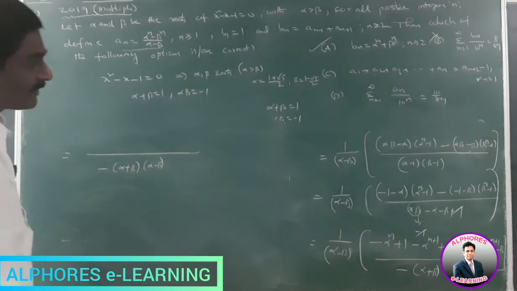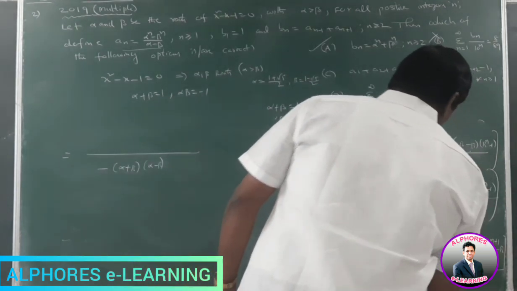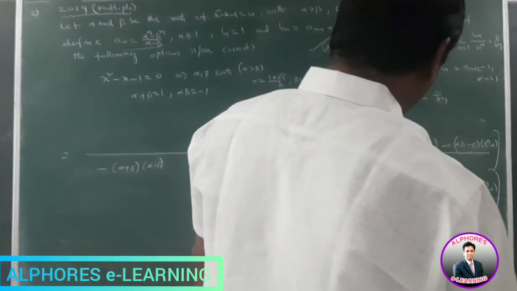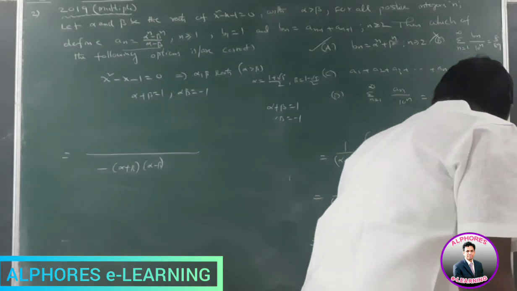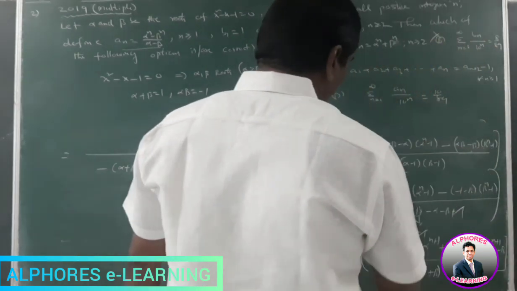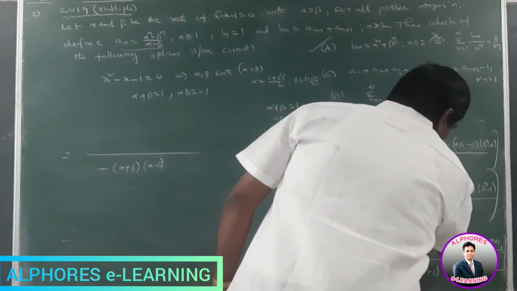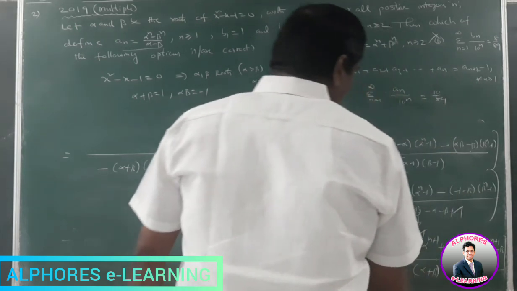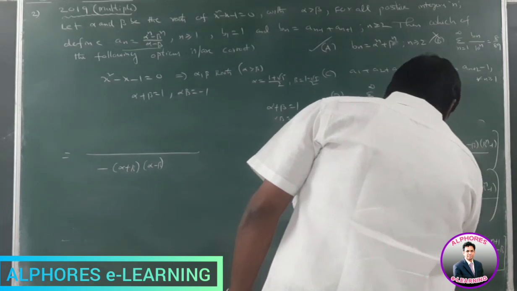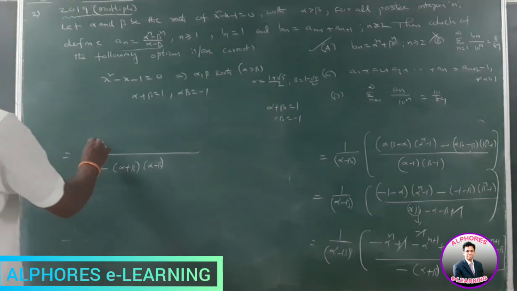Now the numerator is, here 1 1 cancelled, 1 1 cancelled. Next again, here we get alpha minus beta. Next minus alpha power n minus alpha power n plus 1, beta power n, beta power n plus 1. In this case the common value is minus of alpha power n.